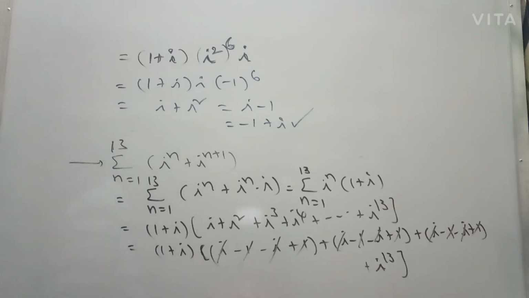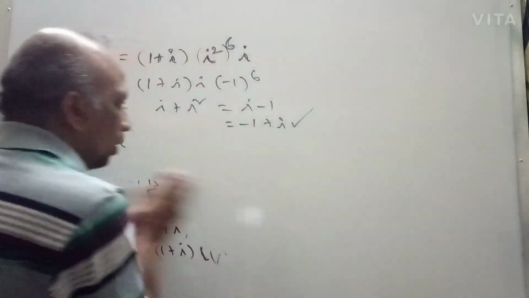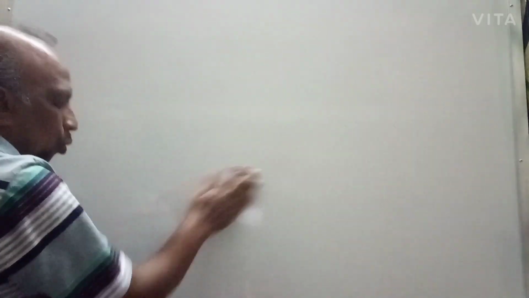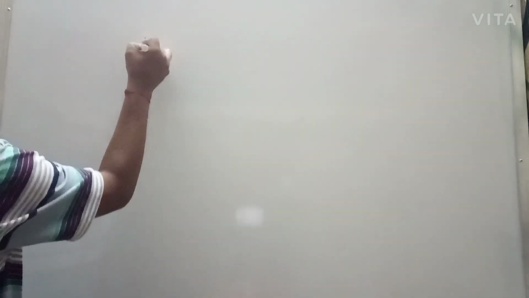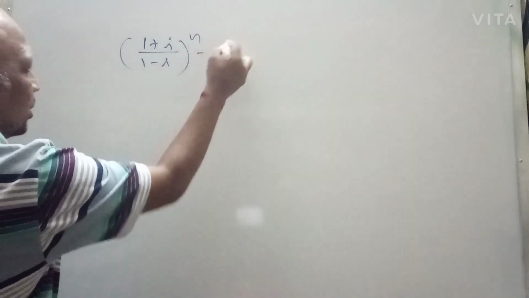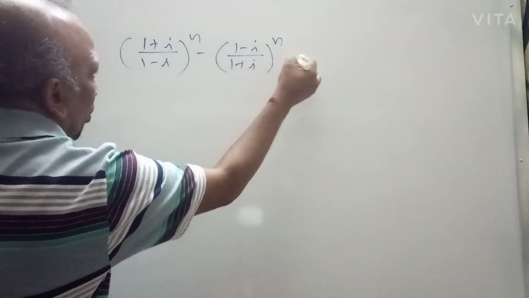Now think about the next problem, the third problem. I am going to explain the third problem. See, the third problem is given here: (1 plus i by 1 minus i) whole power n minus (1 minus i by 1 plus i) whole power n.